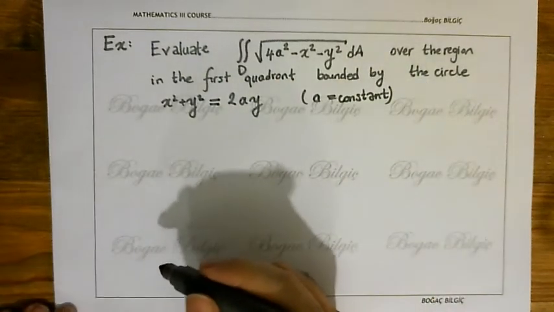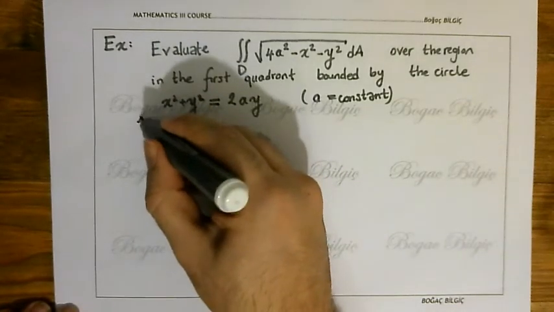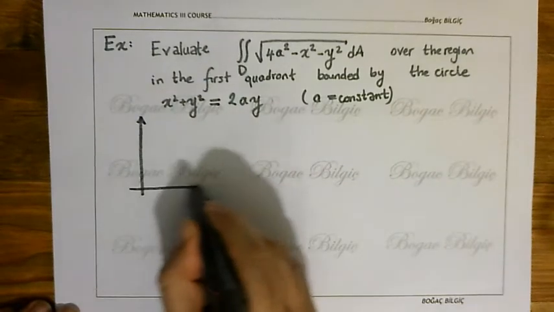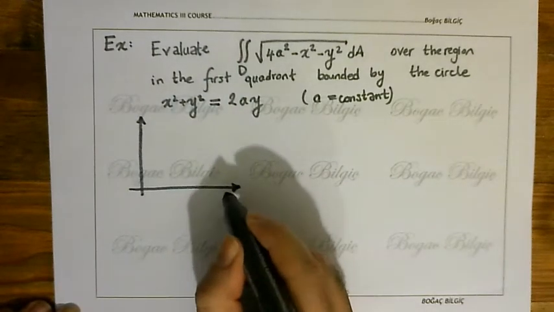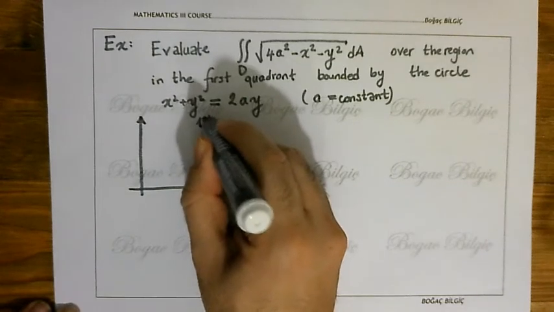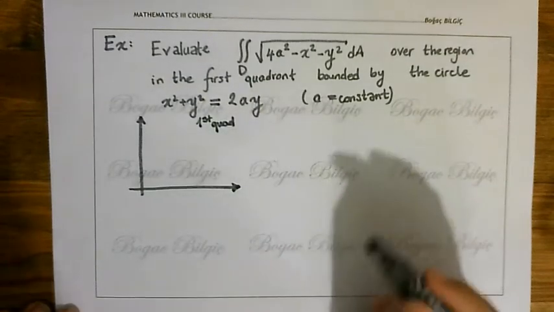Now, firstly, we draw the region. The question says the first quadrant. This is the first quadrant. This area.